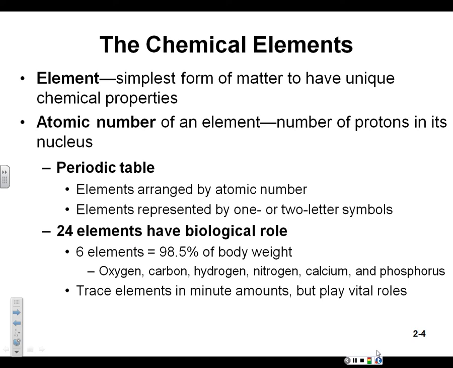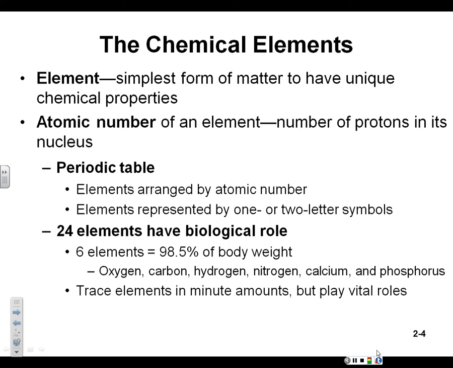We know that the nucleus of an atom is made up of protons and neutrons, and the orbitals that surround an atom are made up of electrons. Electrons carry a negative charge, protons carry a positive charge, and neutrons are neutral. But we know that the mass of an atom is made up of both protons and neutrons.